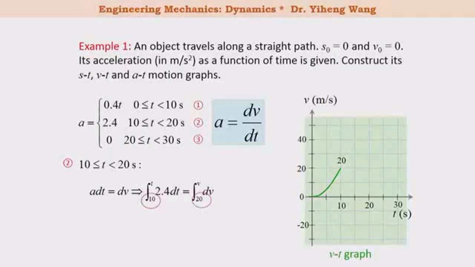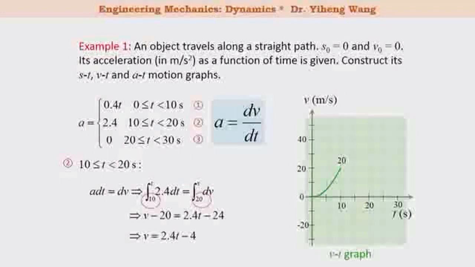And here, we are again integrating from the velocity at the beginning of this time period, which is velocity equals 20 meters per second. And after the integration, we get the velocity equals 2.4 times t minus 4. And we sketch it on our graph. And also we calculate that at the end of this second time period, the velocity has become 40 meters per second.